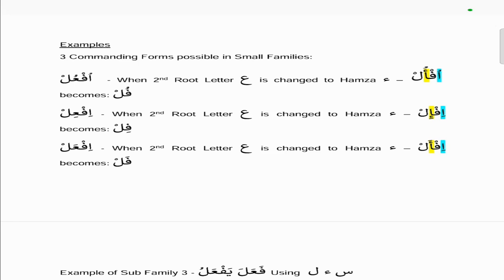And if'al is the normal commanding form, but when the second root letter ain is changed to a hamza, then it becomes if'al. And again, the blue highlighted alif and the yellow highlighted hamza are both dropped, and then the harakat on the hamza, which is dropped, which is a fatha, is transferred to the first root letter, the fa, so it becomes fal.